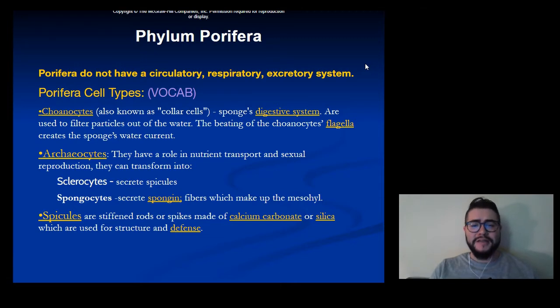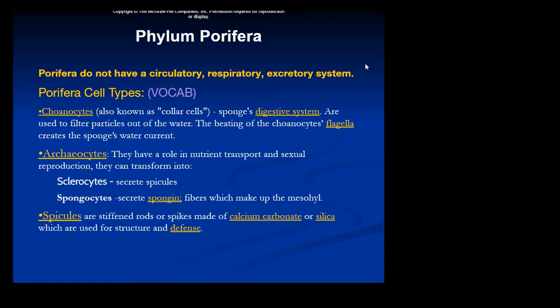The archaeocytes play a role in nutrient transport and sexual reproduction, but they also basically act as a sponge's stem cell. They can turn into most of the sponge's body cells. And then spicules are stiffened rods or spikes made of either calcium carbonate, similar to a shell, or silica, which is like glass, and mainly used for defense and protection.